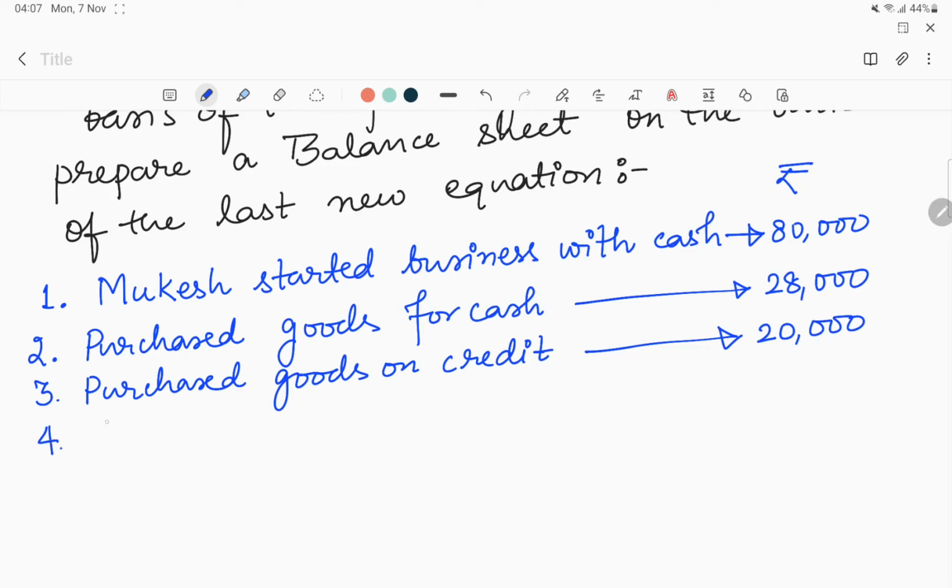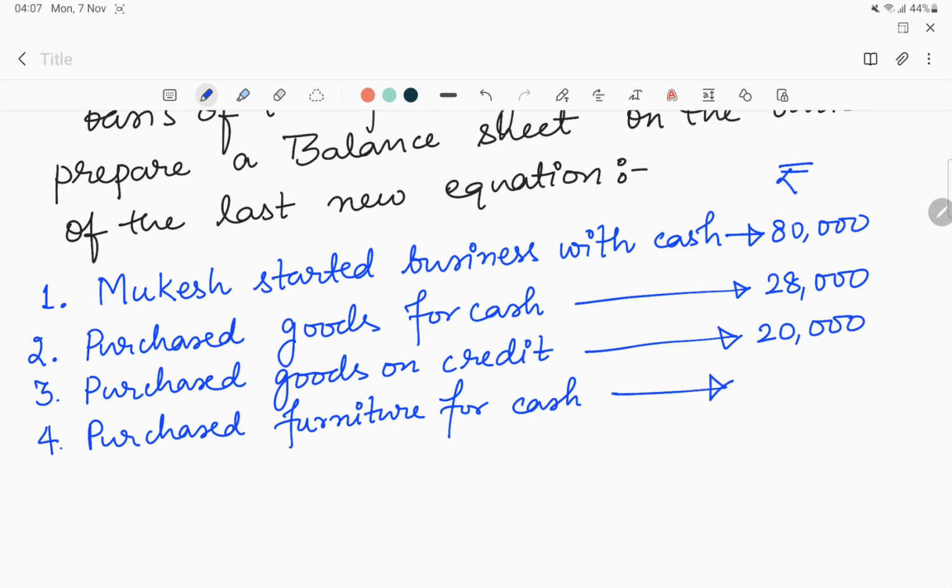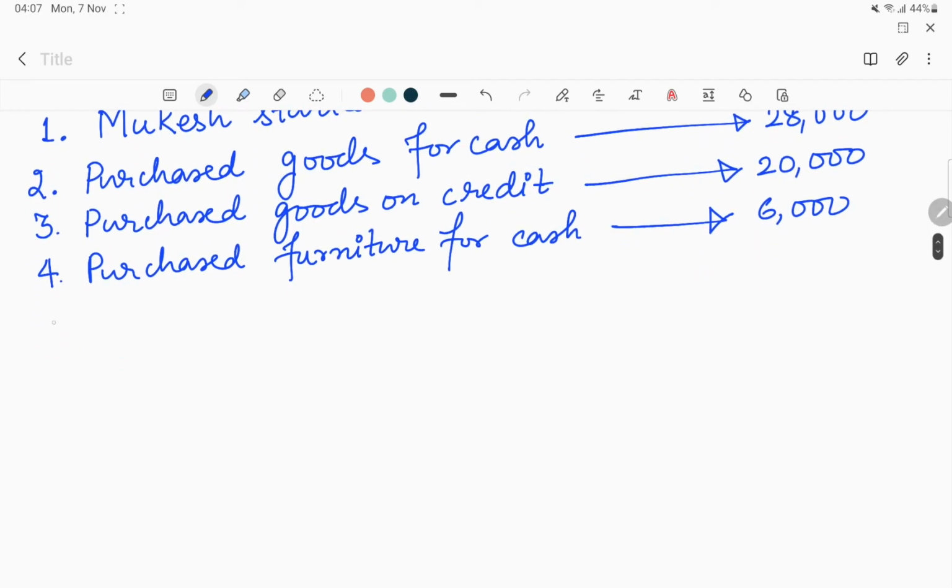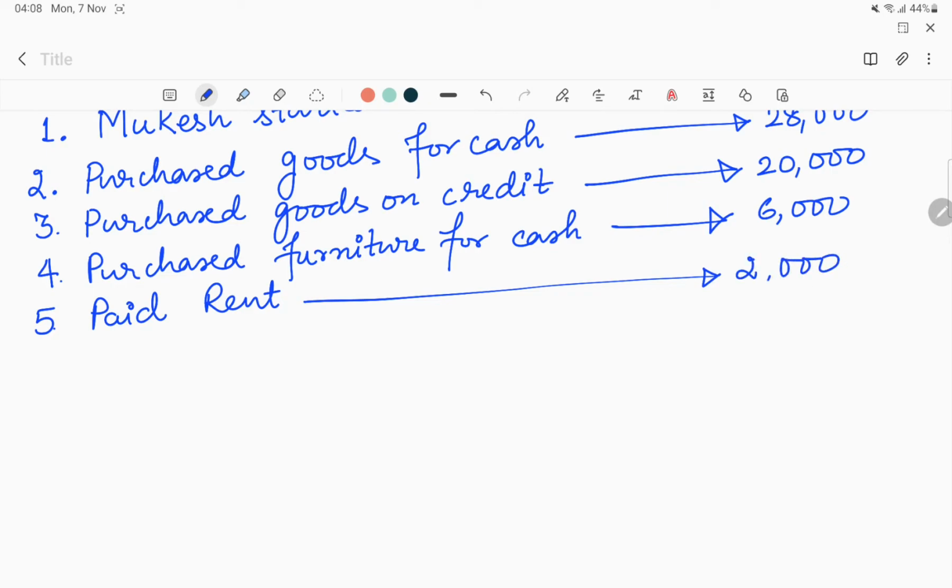In the fourth transaction, he purchased furniture for cash, and furniture cost him 6,000 rupees. In the fifth transaction, Mukesh paid rent which cost him 2,000 rupees.